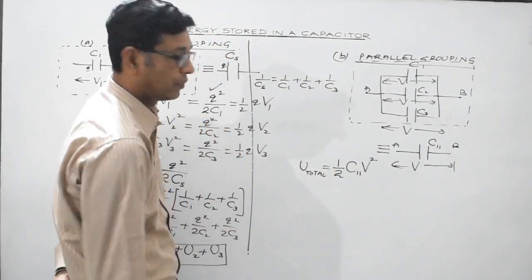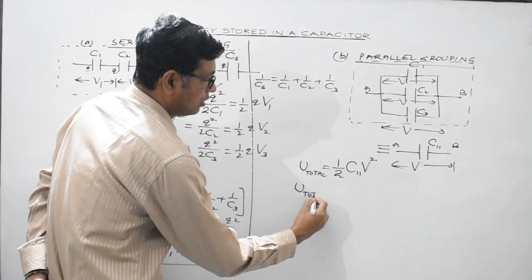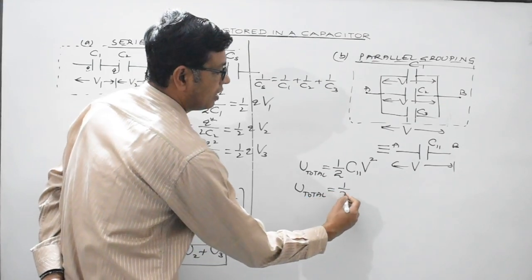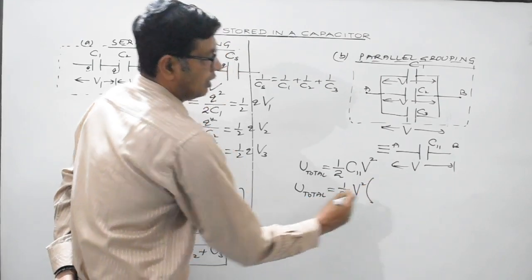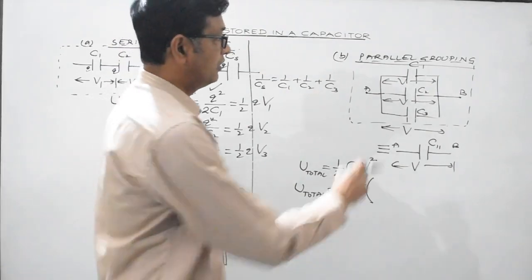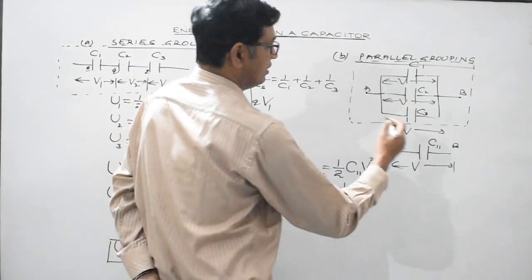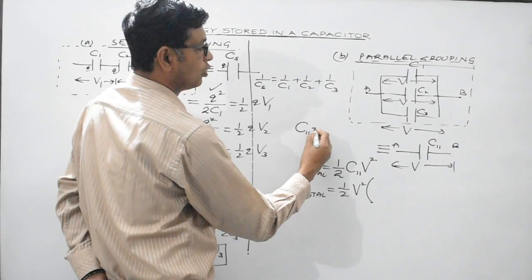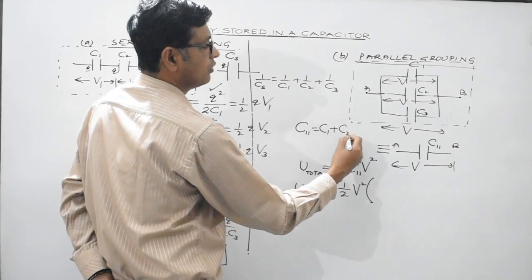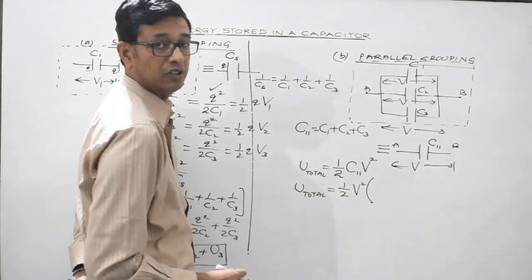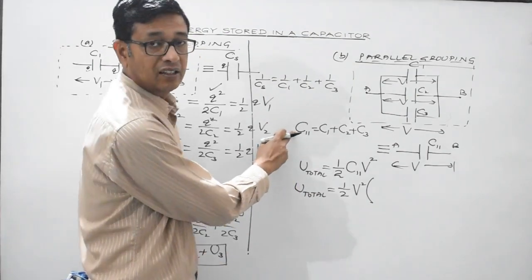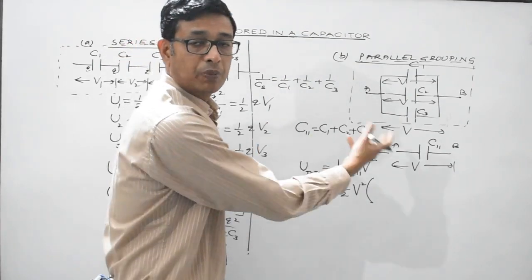Clear? So proceeding further, we can write half V square. Now we are aware if the capacitors are connected in parallel, then the resultant capacitance in the parallel grouping is given by this particular formula, C1 plus C2 plus C3. This is the formula for finding the resultant capacitance of the parallel grouping of capacitors.